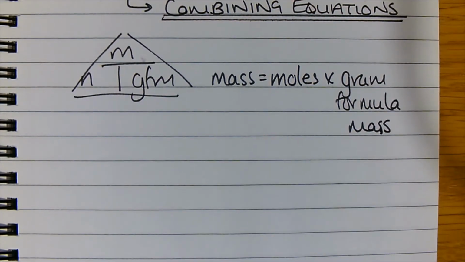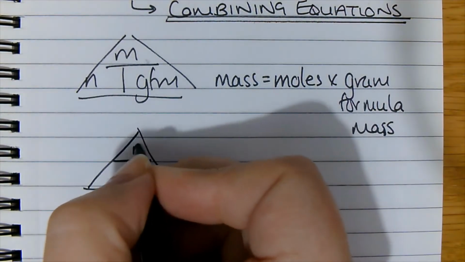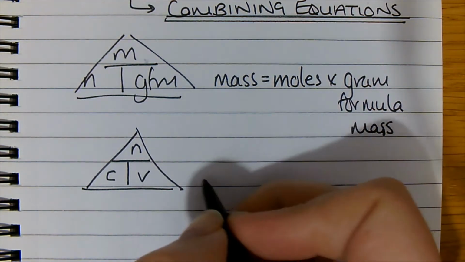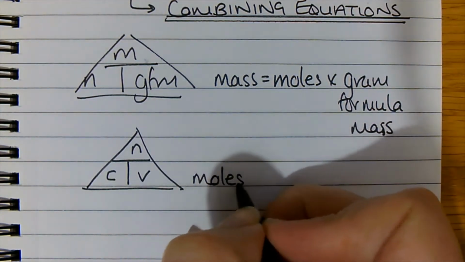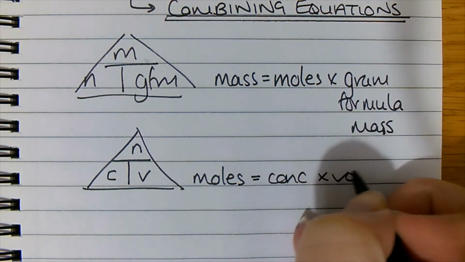And the second triangle, which we used for our solutions, is number of moles equals concentration times volume. And again, if you're not a fan of that, using the triangles, you can write it out like this: concentration times volume.